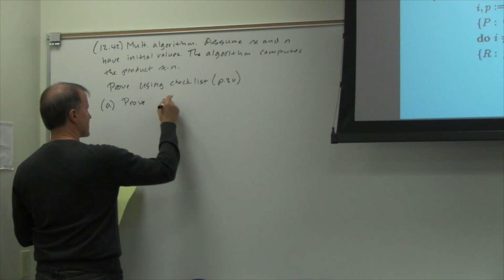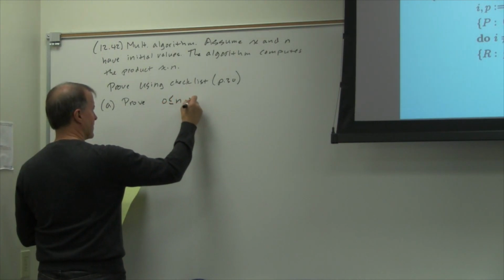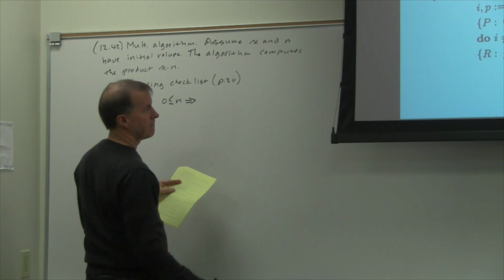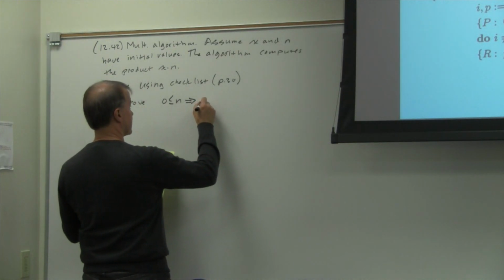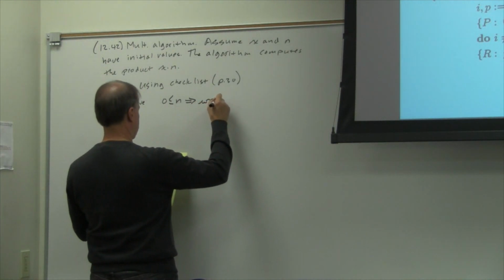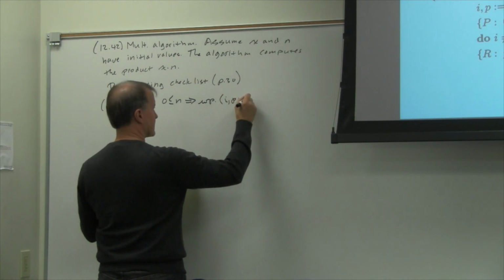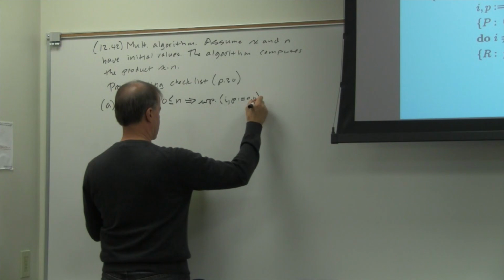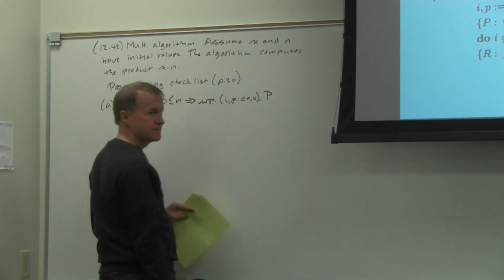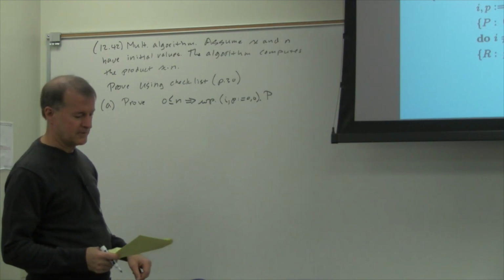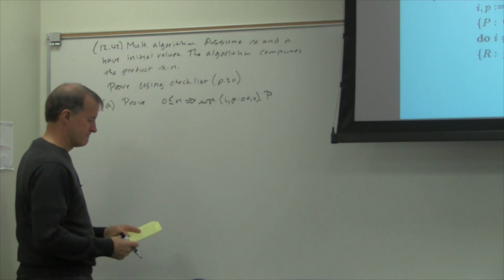Prove 0 is less than or equal to n implies what? Yes, WP dot I gets 0 dot P, right? That P is an abbreviation, yeah? Are we good? So how do we do this?